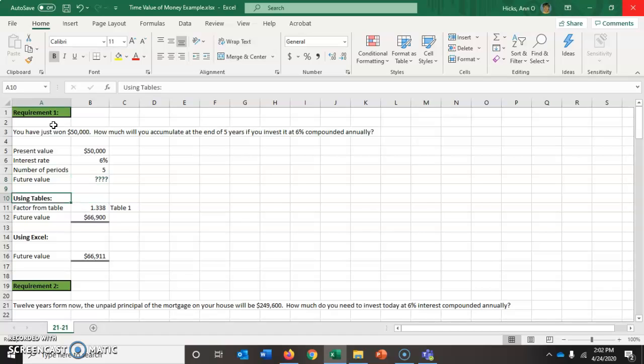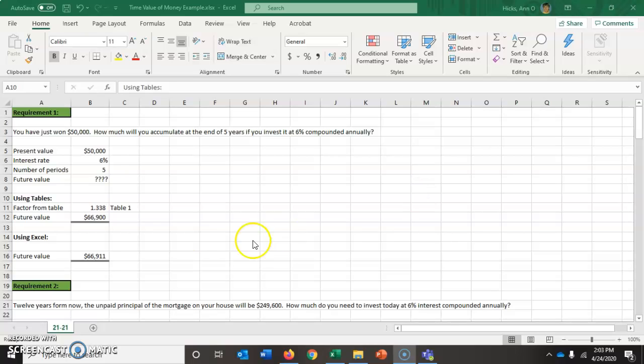One is you can use present value factor tables. You can find these in your book on pages 931 to 934. There are 4 tables. Table 1 calculates the future value of $1. What you'll find in these tables is effectively a matrix.